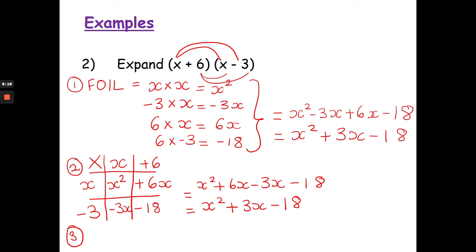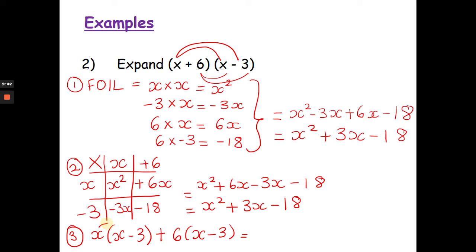So I'm going to break this bracket up over here. So the first term here is x, so this x needs to be multiplied with everything in the second bracket, which is x minus 3. And then I'm going to break up the plus 6 and multiply it with everything in the right hand bracket, which is again x minus 3.